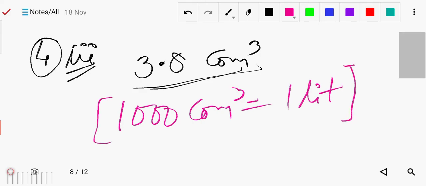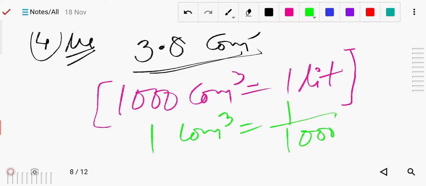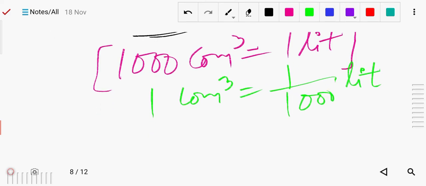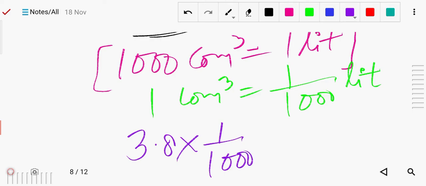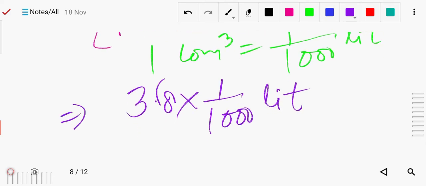The same thing we will apply for 1 cubic centimeter: it will be 1 by 1000 liter. So for 3.8 we will multiply by this: 3.8 multiplied by 1 by 1000 liter. Now we can solve it. We remove the decimal, so 10 will come here.